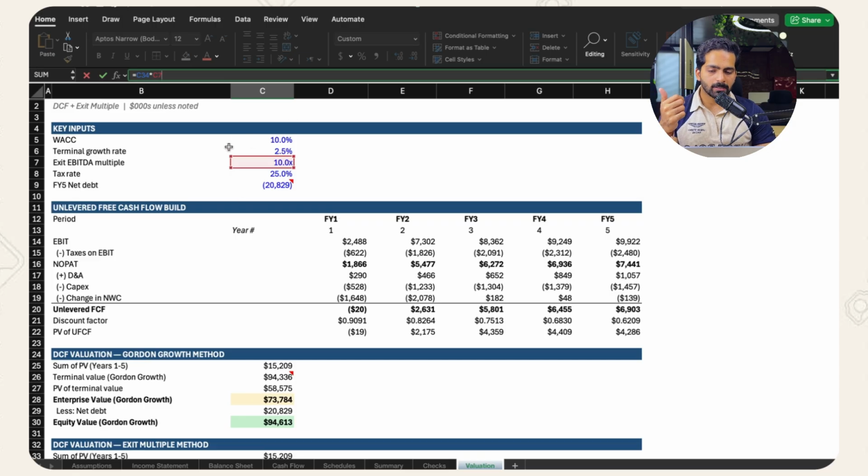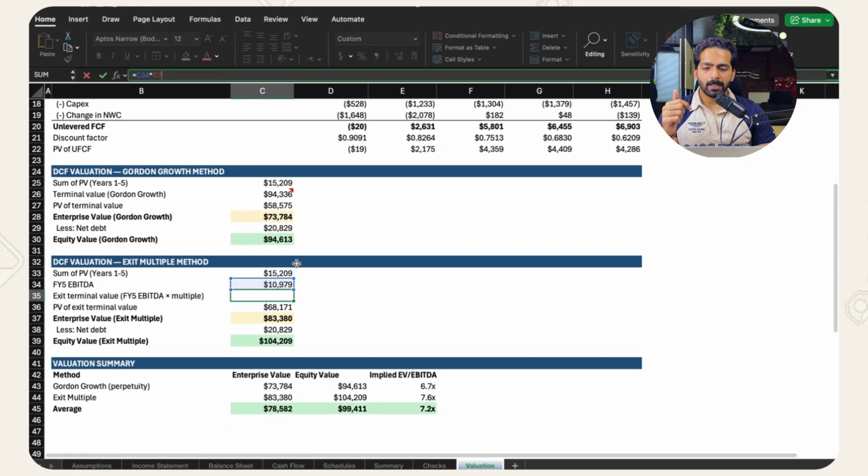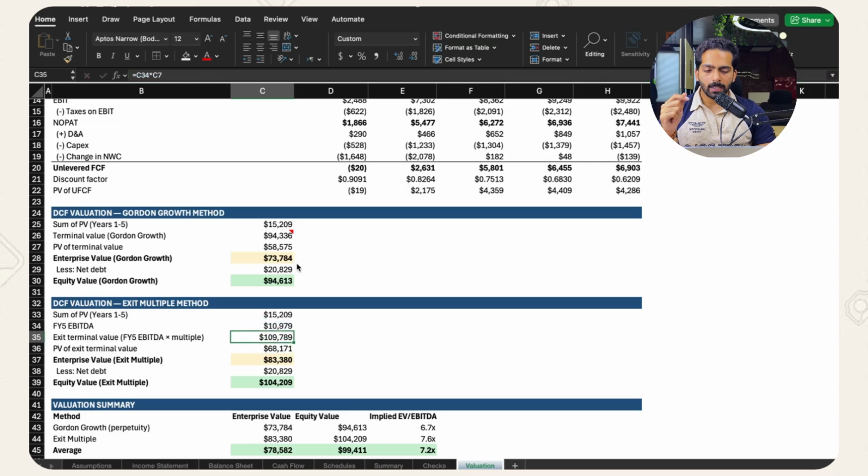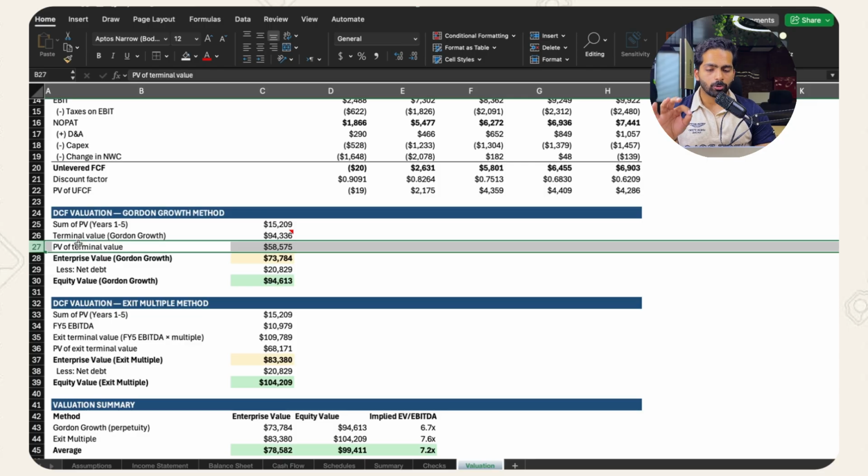You can change the assumption as you like and then multiply it with our EBITDA for the last year, which is year five. We are getting this value. So we can now calculate the present value of this exit terminal value. We are doing this only in the exit multiple method, not in the Gordon growth method, because we are actually calculating it before.